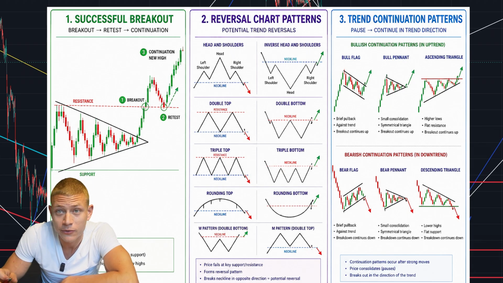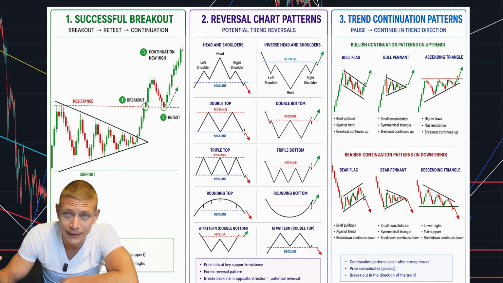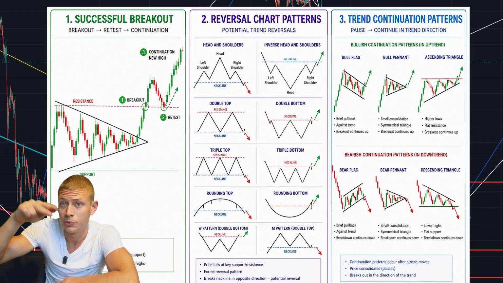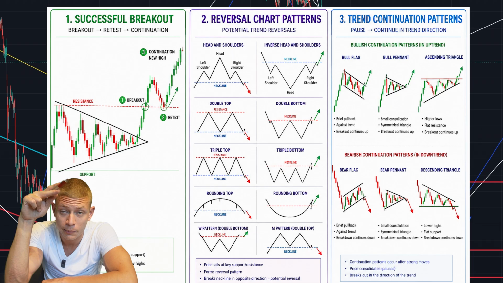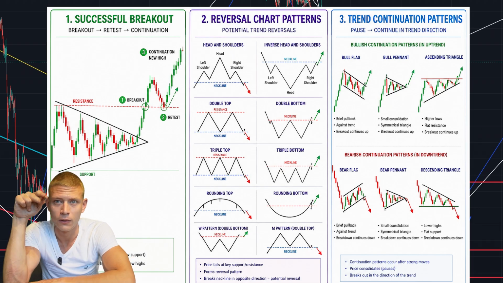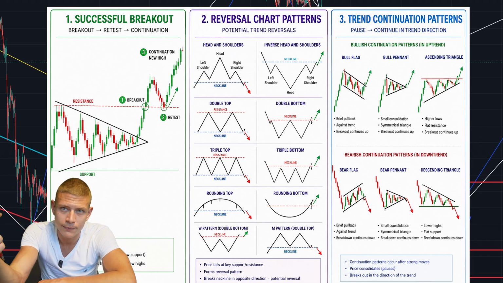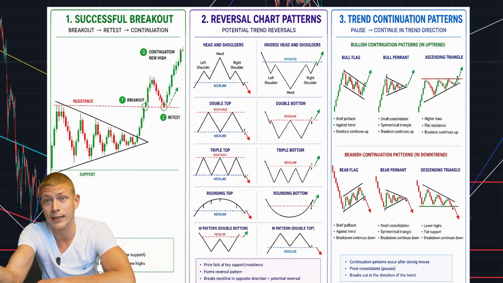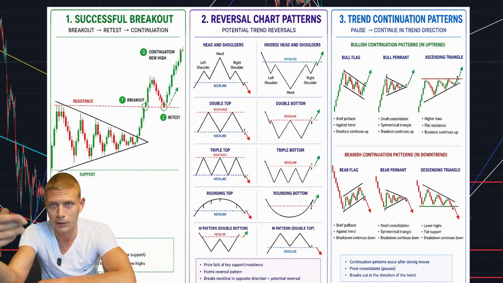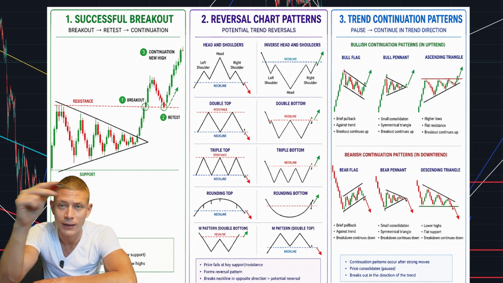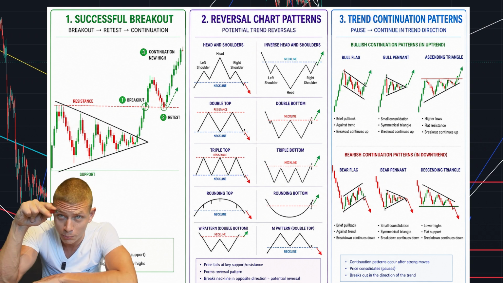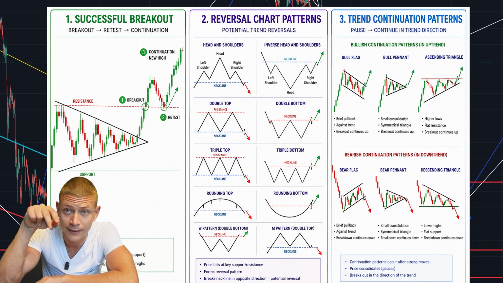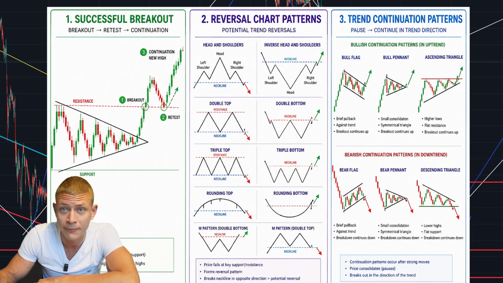But there are also other reversal patterns which are also outlined in the second section. For example, the double top, which is just two equally high highs, or in most cases the first high is to be considered a higher high, the second a little bit a lower high. But again, take it with a pinch of salt, because in the Elliott wave theory, which I'm also going to teach you later, in a few days, you will find out that in the moments where we don't get a successful breakdown, it's exactly the moment where the trend towards the upside is continuing.